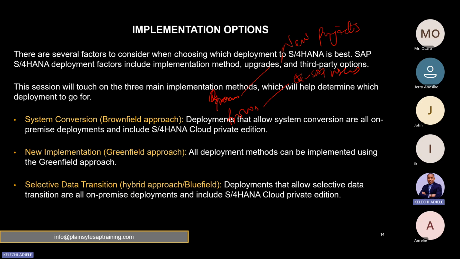If you're doing greenfield projects, of course, greenfield is totally new. You are new to SAP, so we're going to be moving you to the private cloud edition. We can also do on premise for you, but greenfield means that this was an entirely new exposure for the business to SAP.